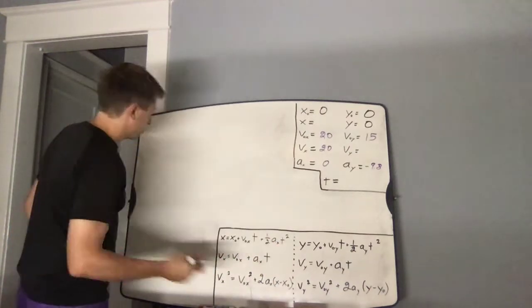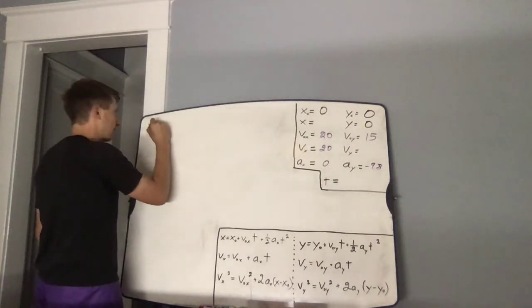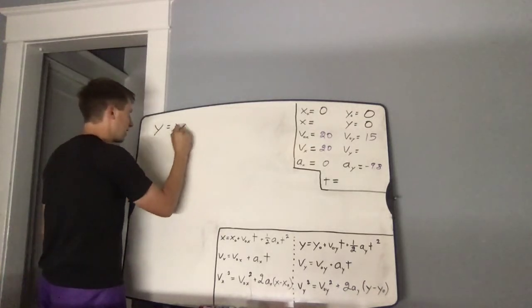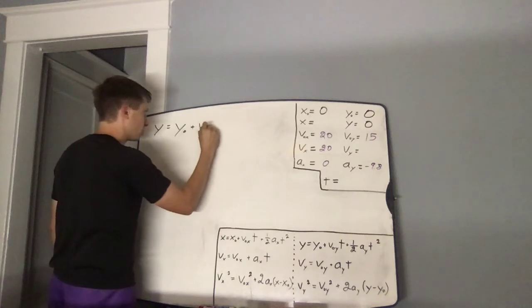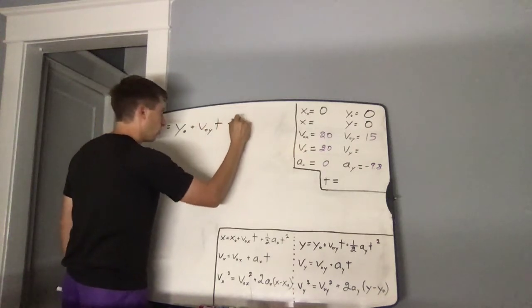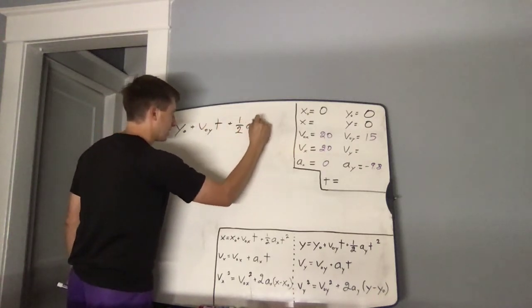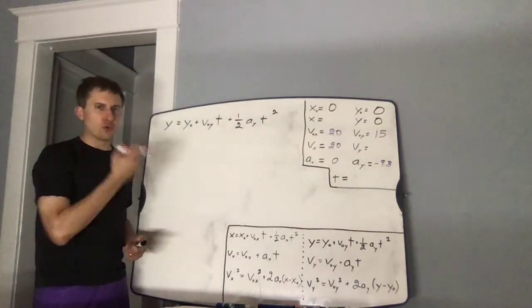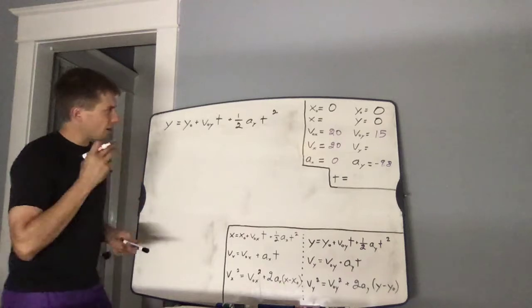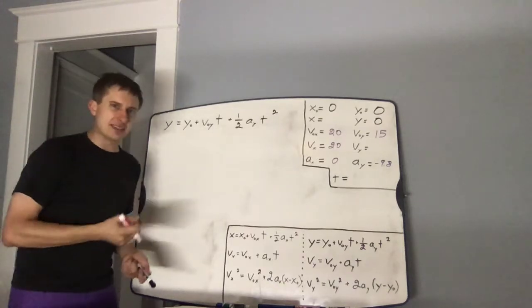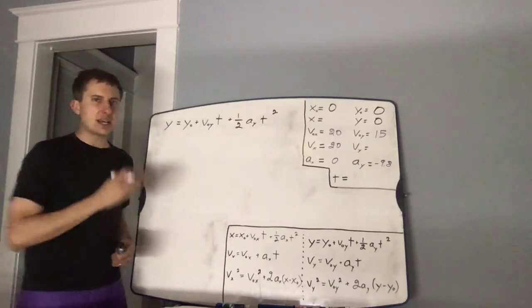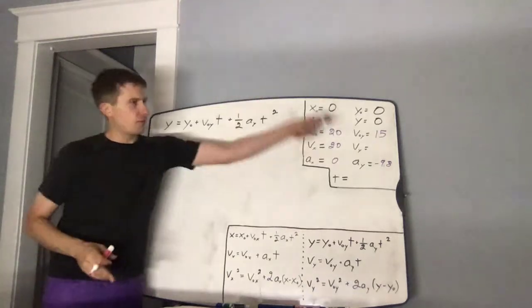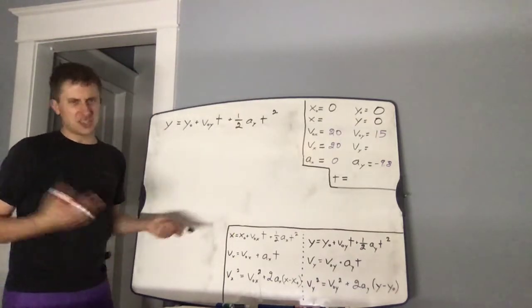So let's look at the first one. y final is equal to y initial plus v initial y t plus 1/2 a y t squared. So we have this equation for the height of the ball, and we are going to look at it. We're going to ask, for every term in it, can I immediately plug in a number from this list over here, aside from time?